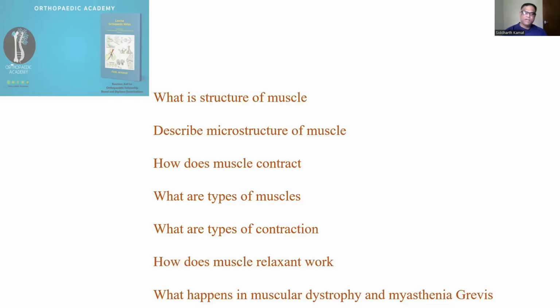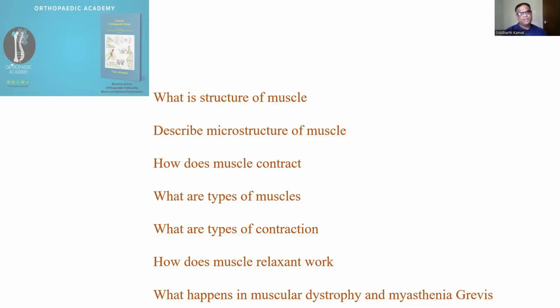Further, contraction can be either concentric or eccentric. A contraction is concentric when the muscle shortens during contraction. For example, when you do a bicep curl, biceps contracts as the elbow flexes. The other contraction is called eccentric contraction.